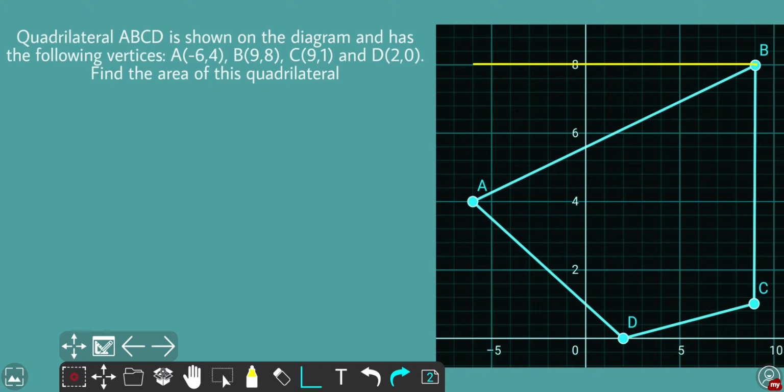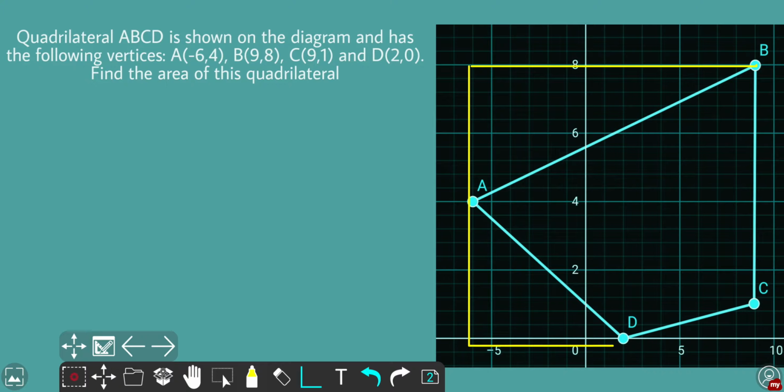From B to the x coordinate of A, then it goes down, then it goes down again, right? And from point B to point C, we have the vertical line segment. Right now we want to put artificial coordinates on that if you like, but it's not necessary. You can use the coordinates of your original points and work with that.